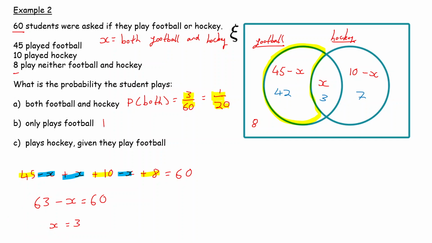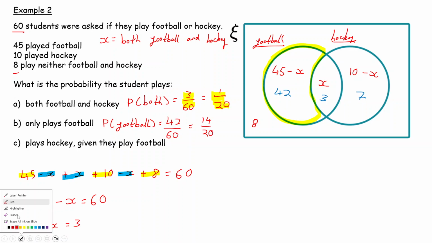So the probability of only playing football is going to be equal to 42 out of your total, which is equal to 60. And again, you could divide through by 3, which would give you 14 over 20. Okay, but again, both of those answers are absolutely correct. Just one is simplified, one isn't.